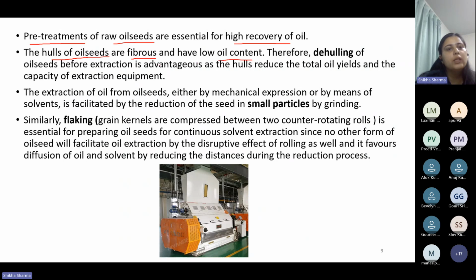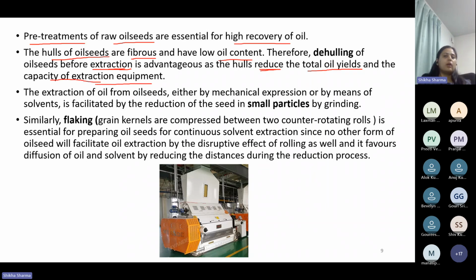So we do dehulling, which means we remove the hull before the extraction process, because the hull reduces the total oil yield and the capacity of the extraction equipment.